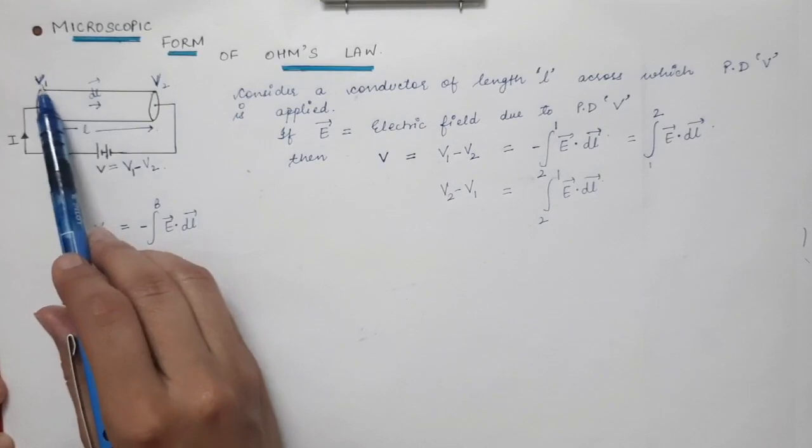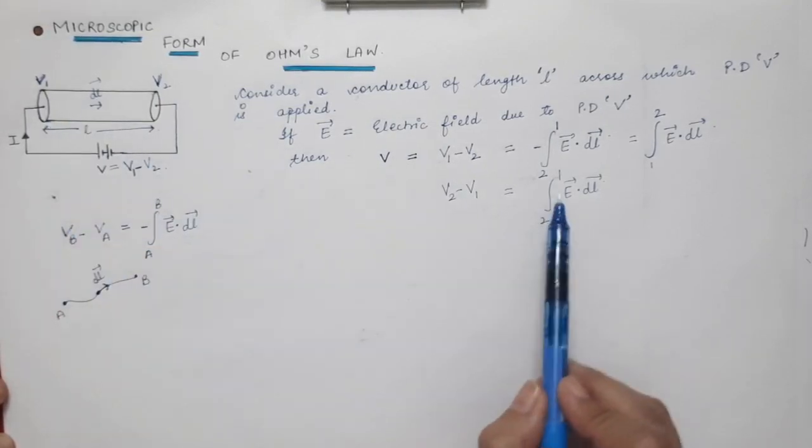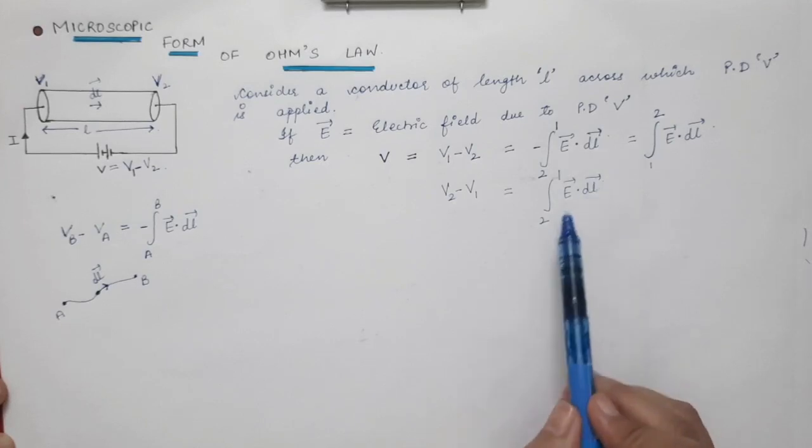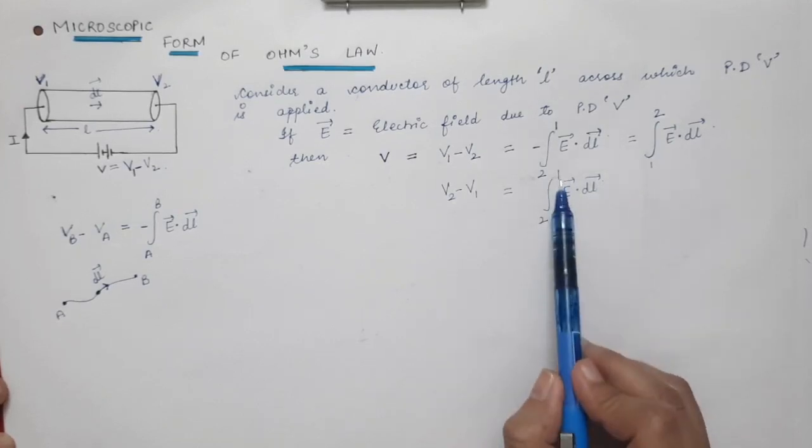So V2 minus V1 will be equal to integration of E vector dot DL vector with the limits from 2 to 1.